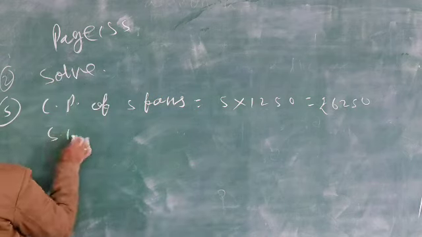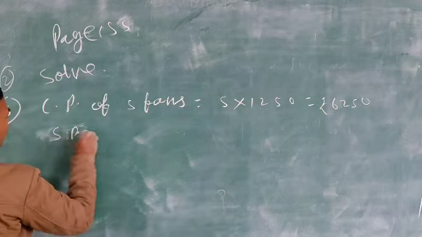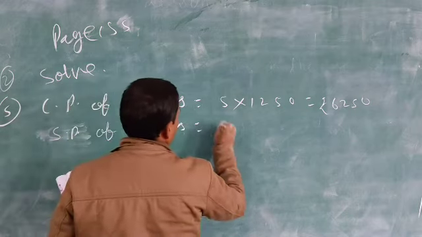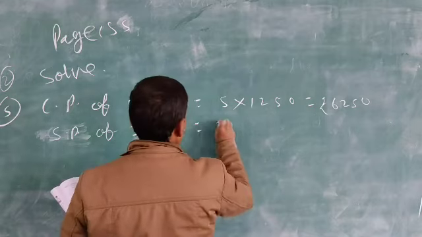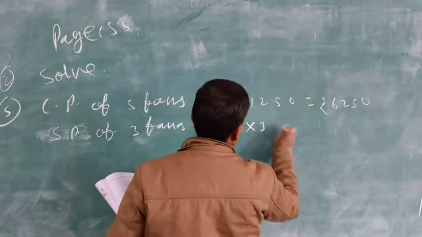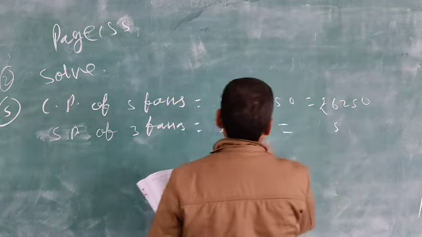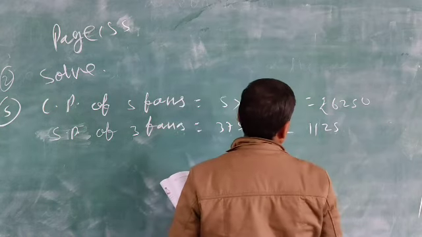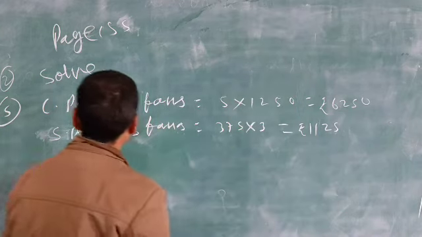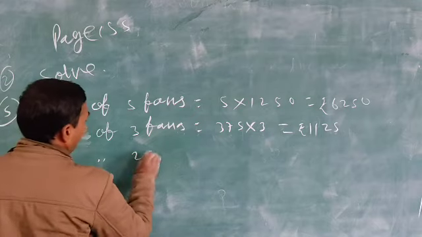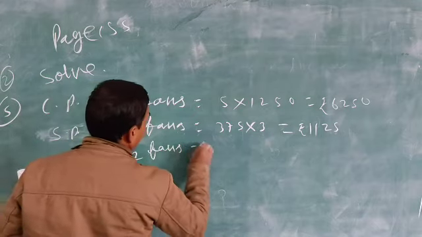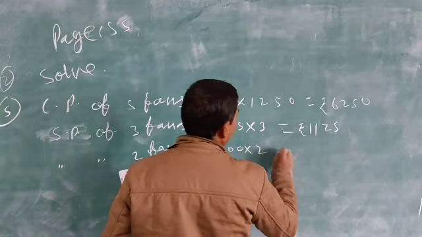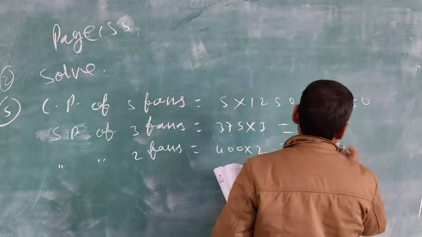Now SP of the first 3 fans: 375 multiplied by 3. 3 times 5 is 15, 3 times 7 is 21, and so on, giving 1125 rupees. And the SP of the remaining 2 fans, which are sold at 400 rupees each: 400 multiplied by 2 is 800.